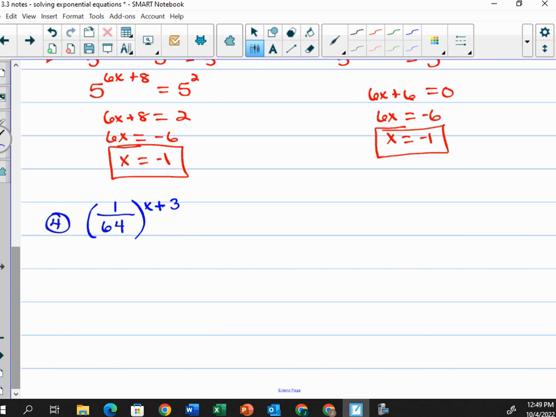Okay, 1/64 to the x plus 3 equals 4 to the 2x minus 3. So make it not a fraction. That's your first step. What makes numbers fractions, guys?